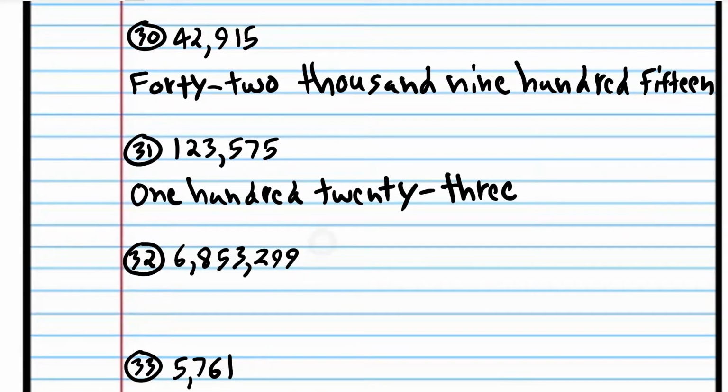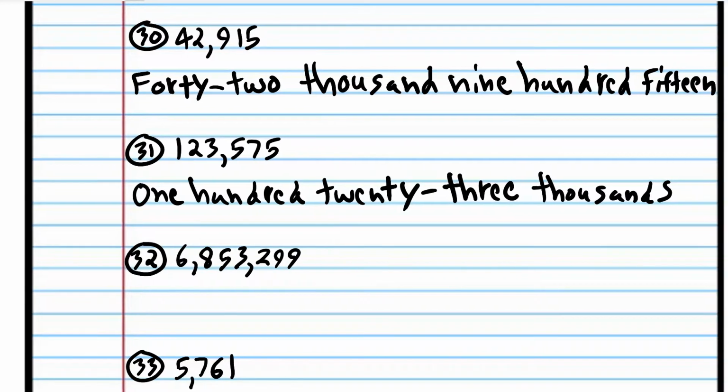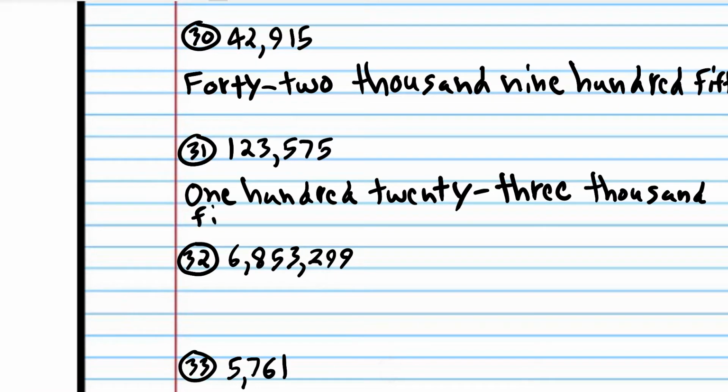Then you say the comma, and you say the name of the period that precedes the comma, which is the thousands place. 123,000, or excuse me, 123 thousand. 575.